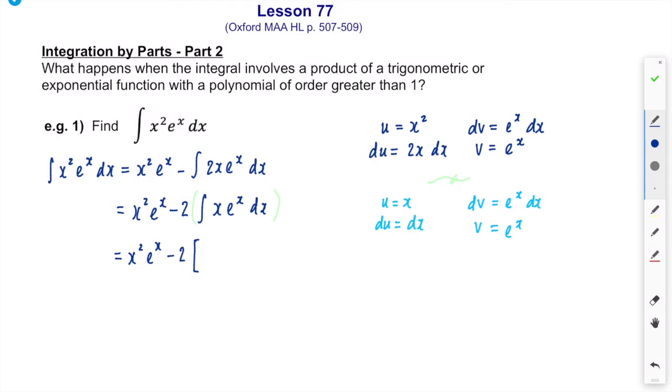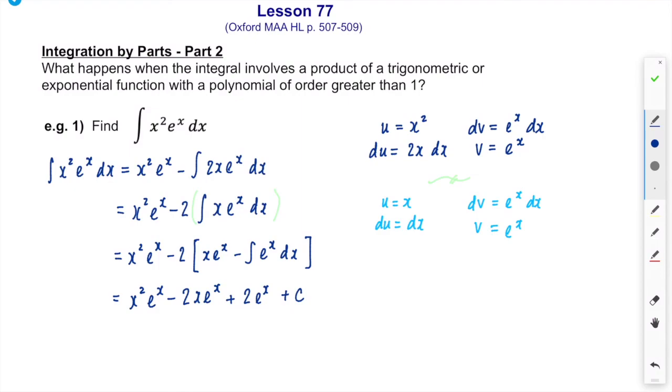We have uv, so x e to the x, minus the integral of v du. So this time we have e to the x dx. Continuing, I have minus 2x e to the x plus 2 times the integral of e to the x, which is e to the x, plus c.